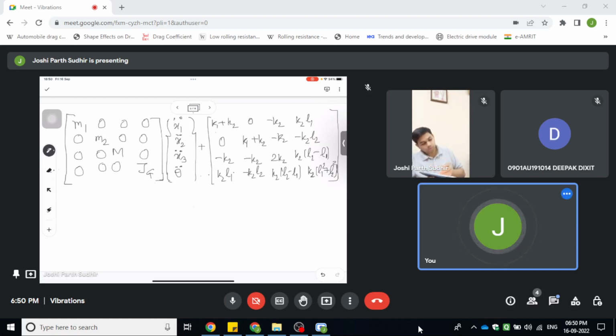This whole thing is multiplied by the state vector, so x1, x2, x3 and theta.